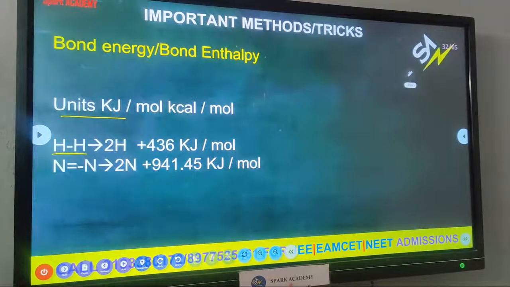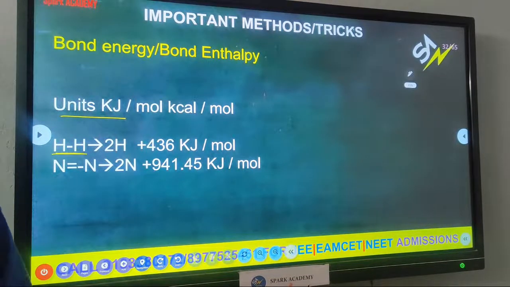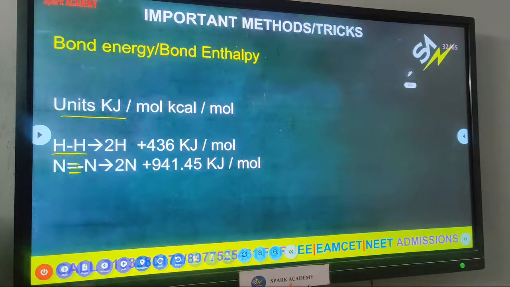Now see nitrogen. What is the bond order in nitrogen? How many bonds are present between nitrogen atoms? 3 bonds are present, because the bond order of nitrogen is 3. So we have to break the 3 bonds. Compared with hydrogen, the bond energy is high.